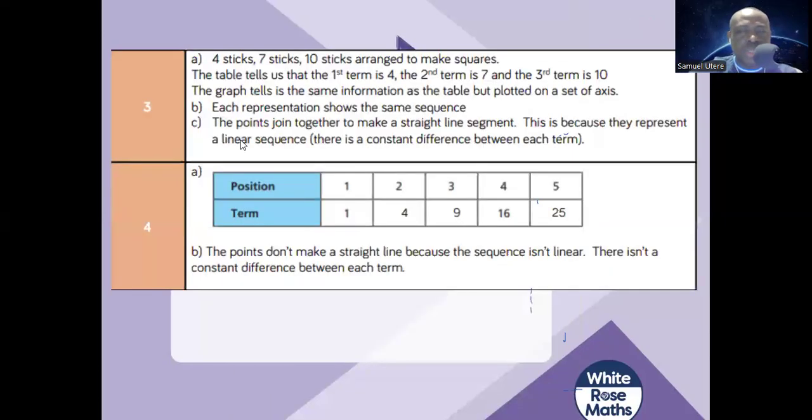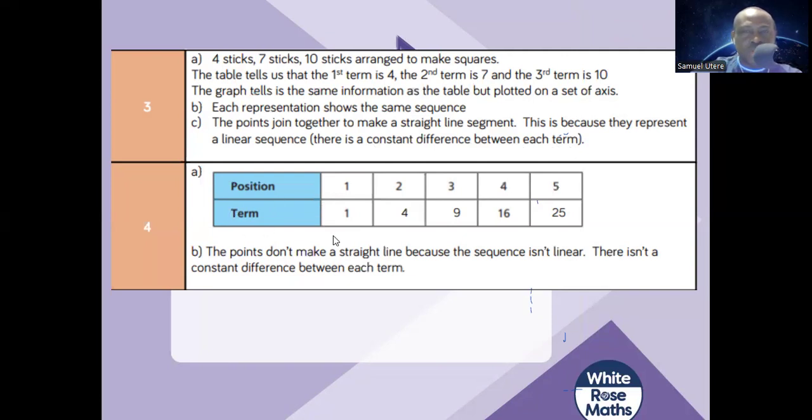What we notice is the points join together to make a straight line segment. This is because they represent a linear sequence. So remember what we said, a linear sequence has a constant difference. See that word? Very important. Don't forget that. Constant difference between each term.